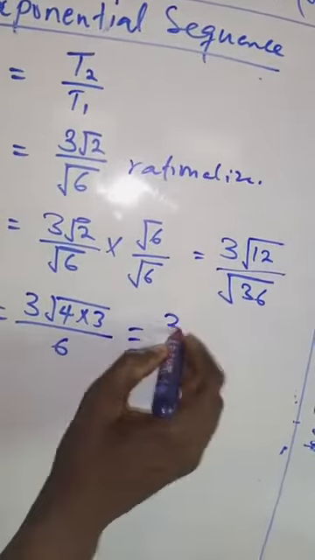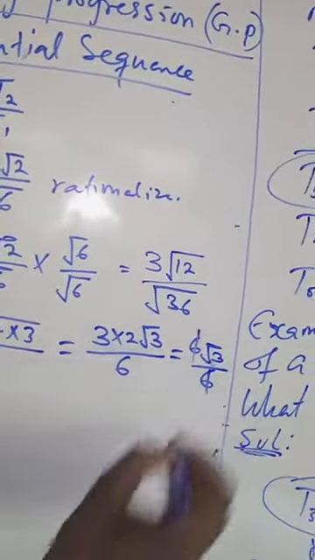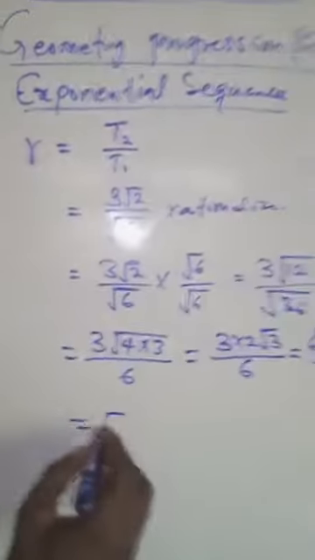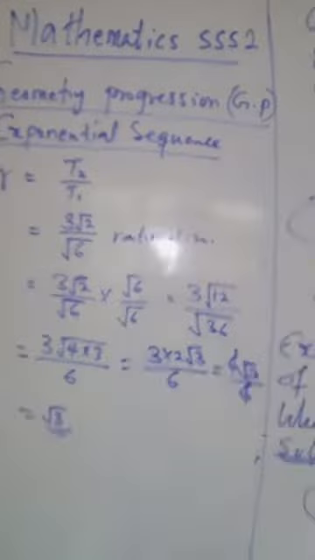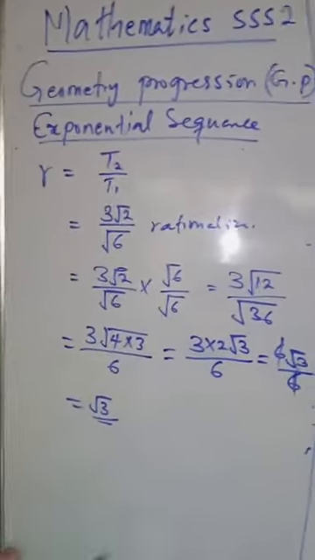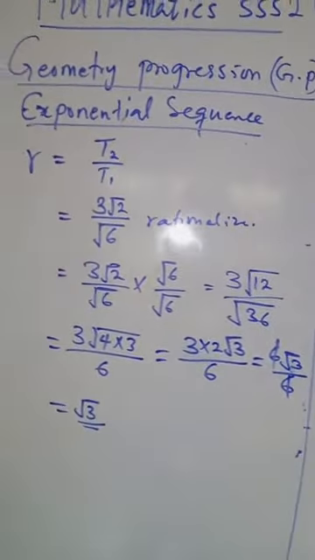And of course I have 6 root 3 all over 6. So this 6 can cancel this 6. I have root 3 as my common ratio. I could try it in the second one, but then I believe this. So let me now look for what they ask us to check for.